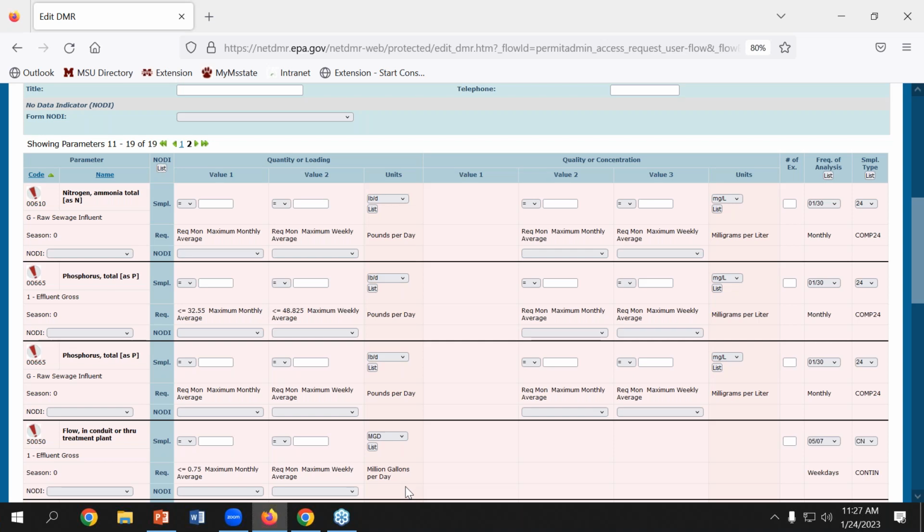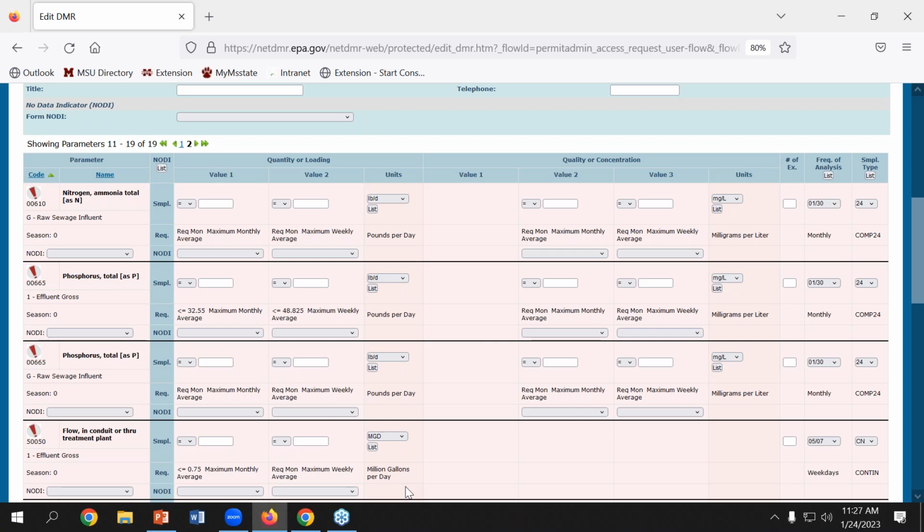And of course on this DMR, when we get to the sample results, one of the things that we're going to point out is that for this particular facility, for example, there are 3 influent samples, 3 effluent samples.